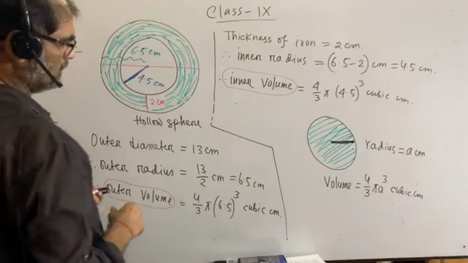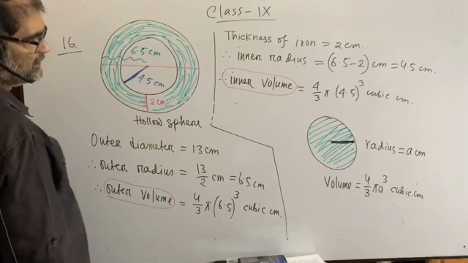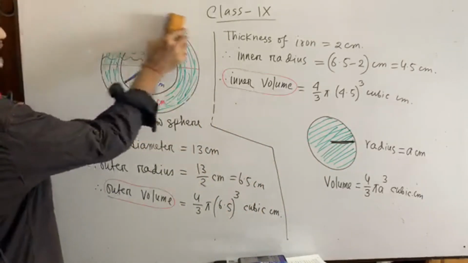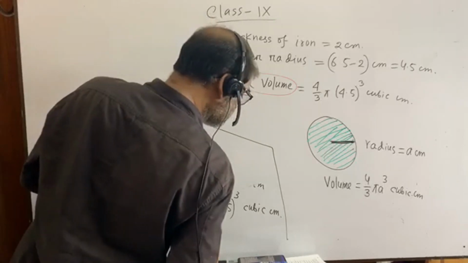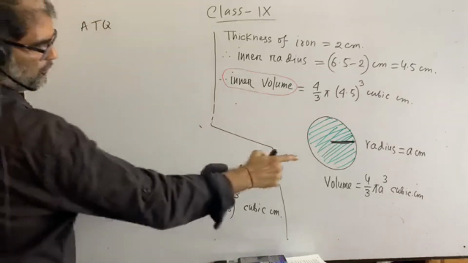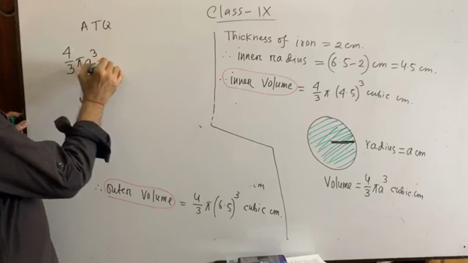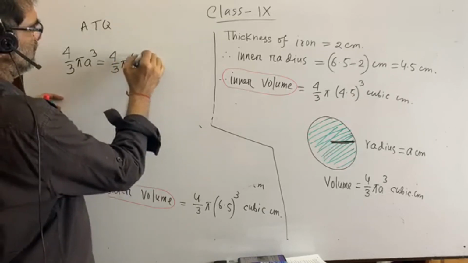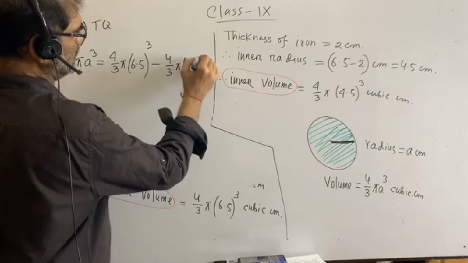So according to the question, 4 by 3 pi a cube is equal to 4 by 3 pi 6.5 whole cube minus 4 by 3 pi 4.5 whole cube.